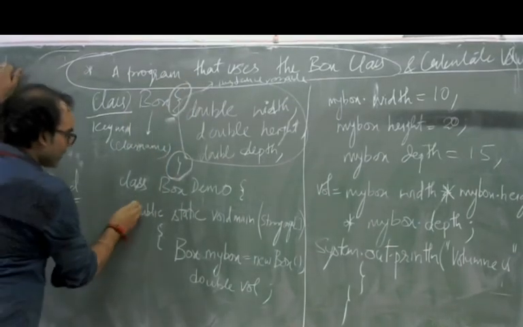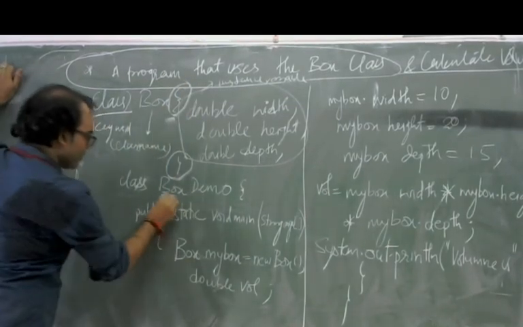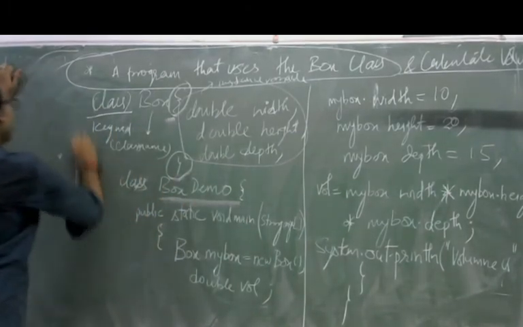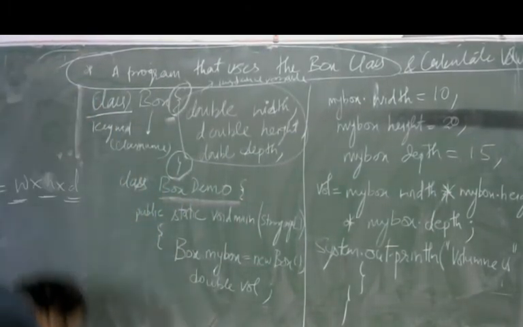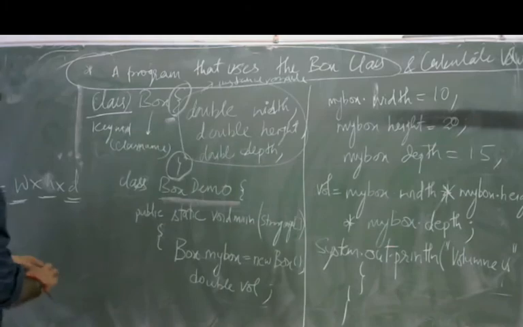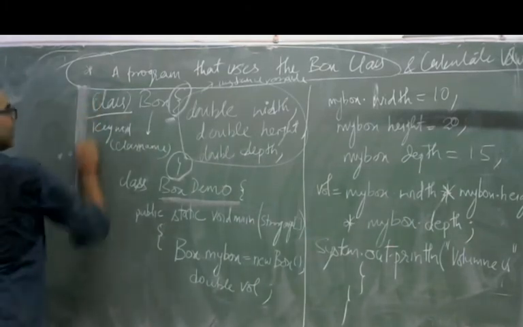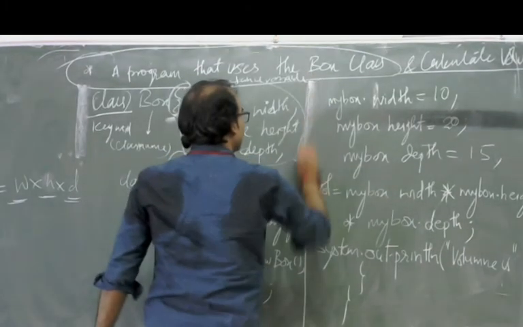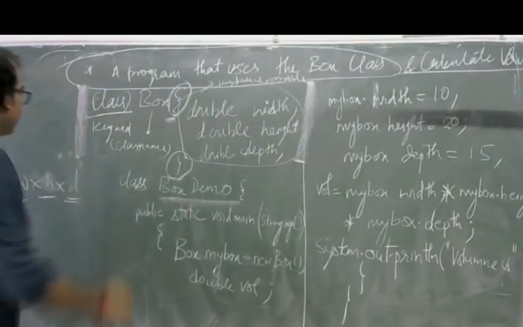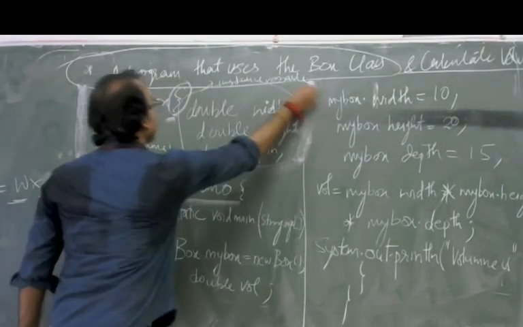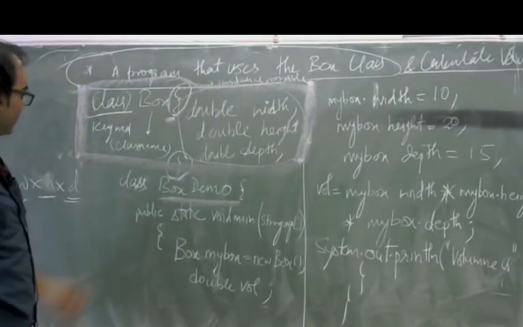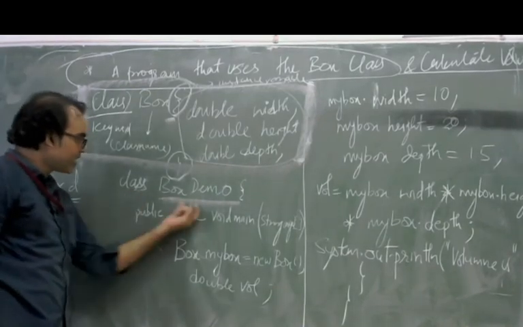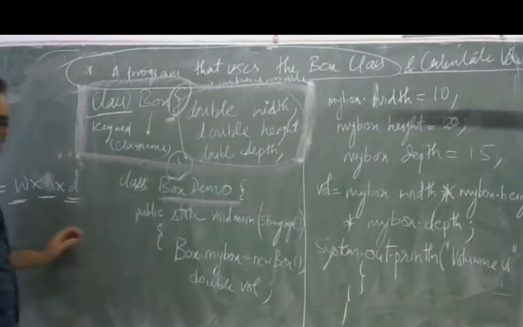Again, we initialize a new class, BoxDemo. Here we are giving the template, actually the template of the definition of the attributes. Then we initialize one more class. This is BoxDemo, in which we define our main function.